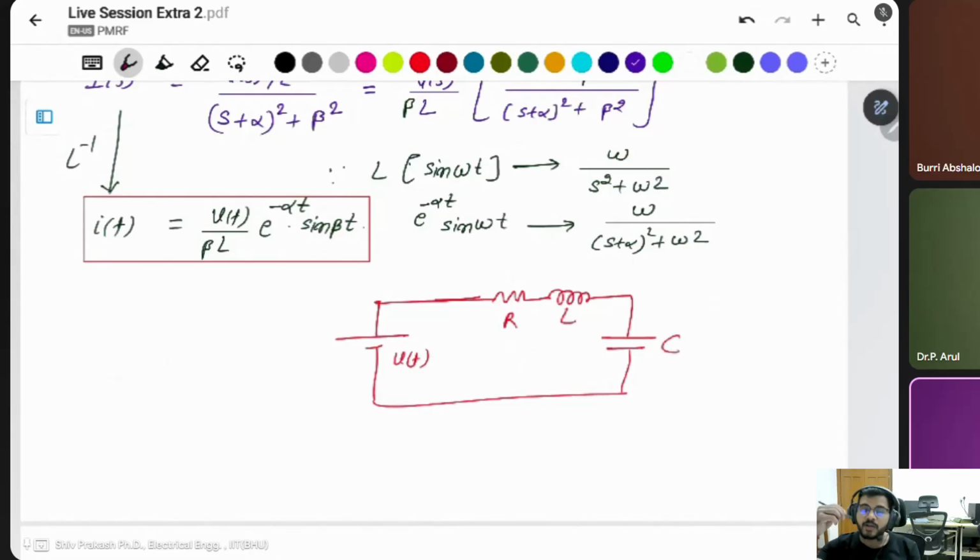You know the inductor and capacitor will not work on the DC source. Inductor will be short circuited and capacitor will be open circuited in DC source supply. But here you can see the current equation of this RLC circuit is sinusoidal in nature. How is it possible?